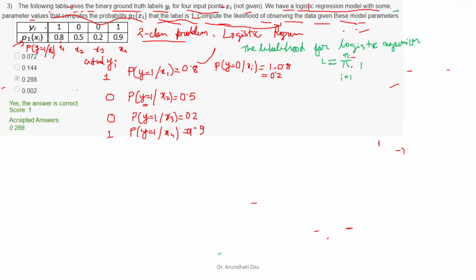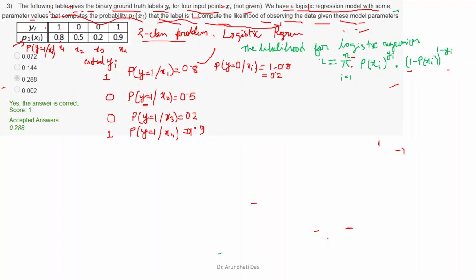It is p(xi) raised to the actual label yi, multiplied by 1 minus p(xi), raised to 1 minus yi. So this is the formula.